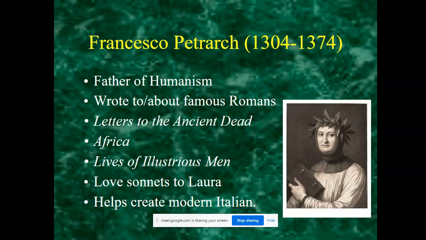And eventually he's going to popularize this idea of being great yourself at this period of time. He writes a book called Africa, about Scipio Africanus, once again somebody from the Punic Wars who makes their mark by being a successful general. He writes a book, and I love the title of books when they actually tell you what the heck it's all about, The Lives of Illustrious Men.